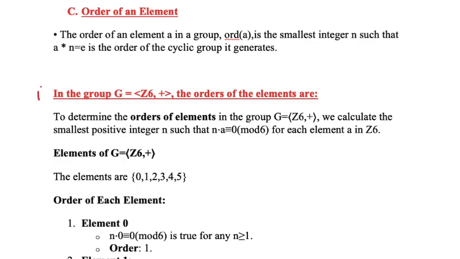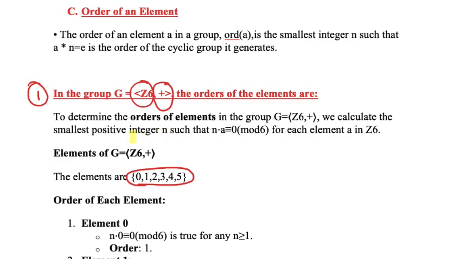The first example we are taking is the group Z6, and the binary operation we are using is addition. So it has 6 elements: 0, 1, 2, 3, 4 and 5. Keep this in your mind.